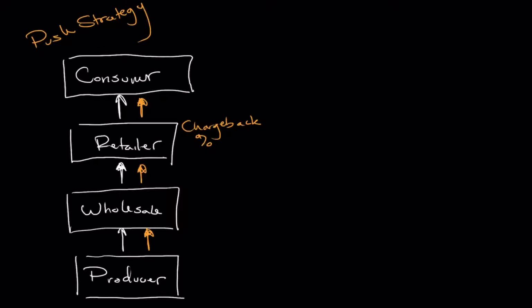And I can do this anywhere on the chain, right? If I'm the producer, I can incentivize the wholesaler, or I can incentivize the retailer, or vice versa. I'm basically trying to push my product through the supply chain by motivating each of these people to ultimately move it upstream to consumers.